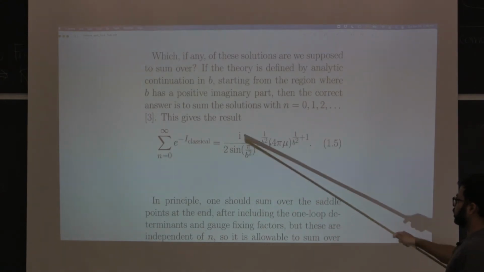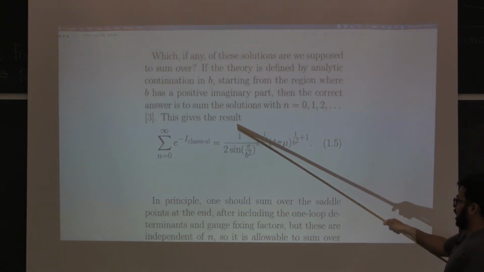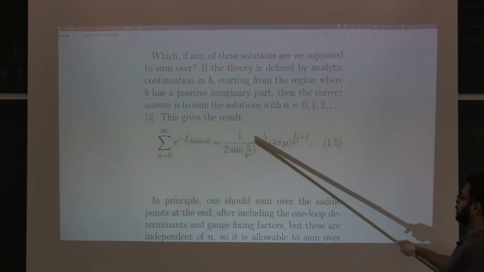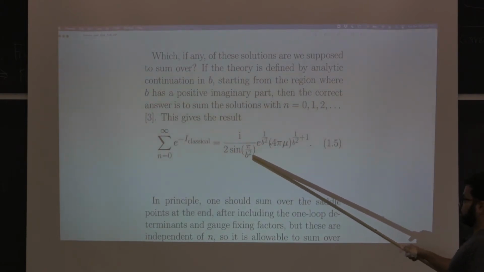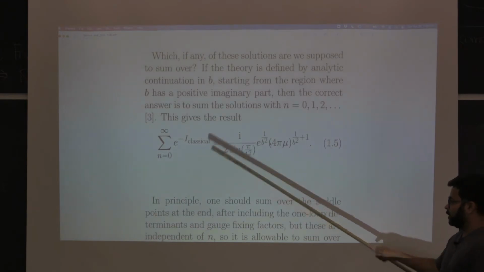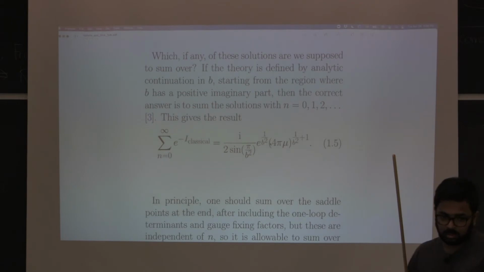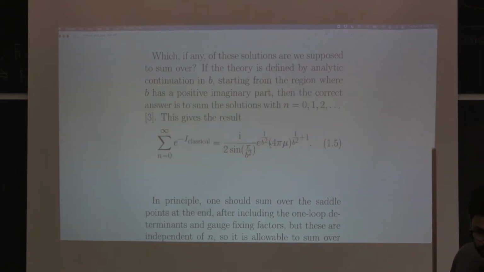What that does is the phase factor, which was e to the i pi over b squared times (1 plus 2n), once you do the sum, turns into 1 over sine of pi over b squared. I haven't justified it yet, and the purpose of the next few slides is to justify why only half the saddles have to be included.